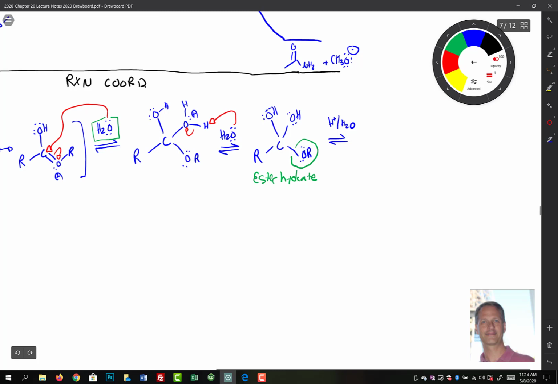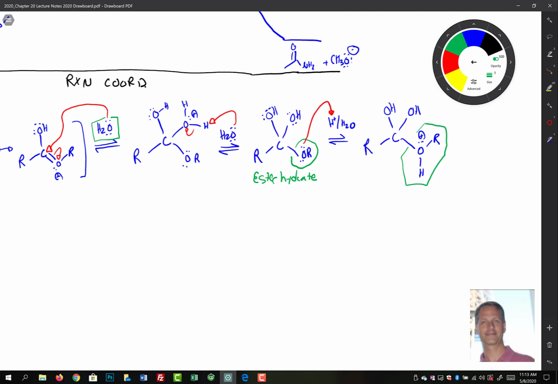So we're going to take our proton and we're going to eat it up with the lone pairs of our oxygen of our OR group. All right, so what that's going to give us here is your R, OH, OH, and down here you're going to have an OR, H plus. So the key is that this group has to get protonated before we kick it off as a leaving group. Otherwise, it would have a negative charge.